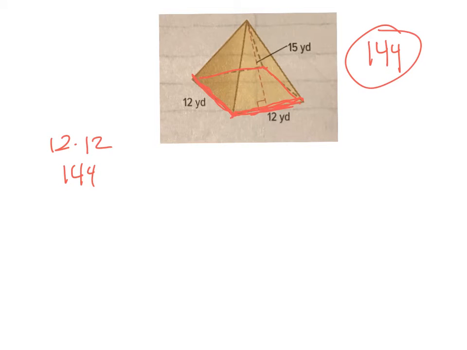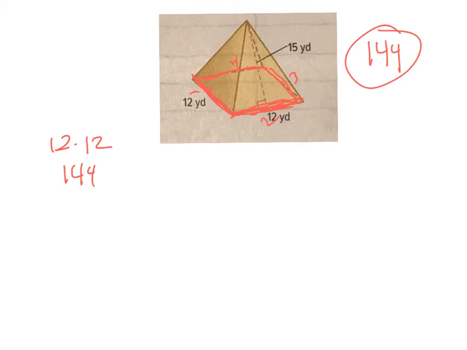Now, the cool thing about a pyramid is once you see how many sides the base has, that's also how many triangle sides it has. So because there's 4, 1, 2, 3, 4, there will be 4 triangles that all come together, and all 4 of them will be the same area.